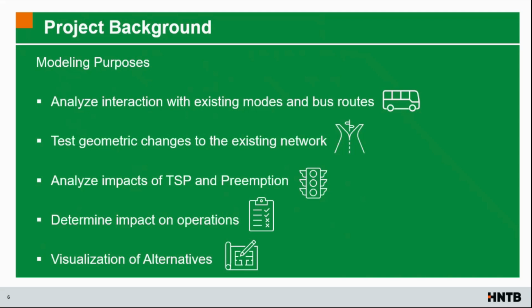Determine the impact on operations, and then in the end, also provide a visualization that we can show to higher level decision makers and ultimately the public. And we will have a short video to show you later as well.